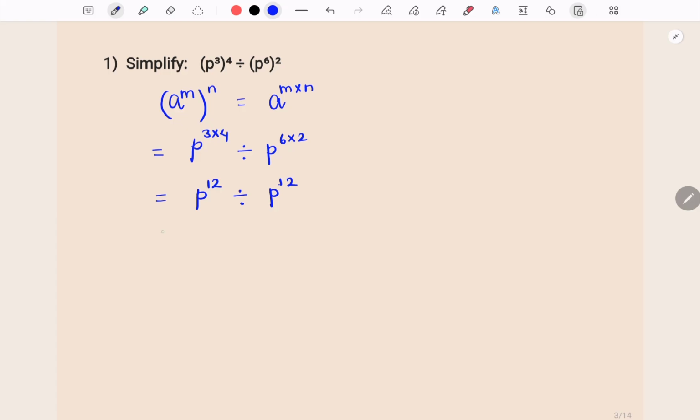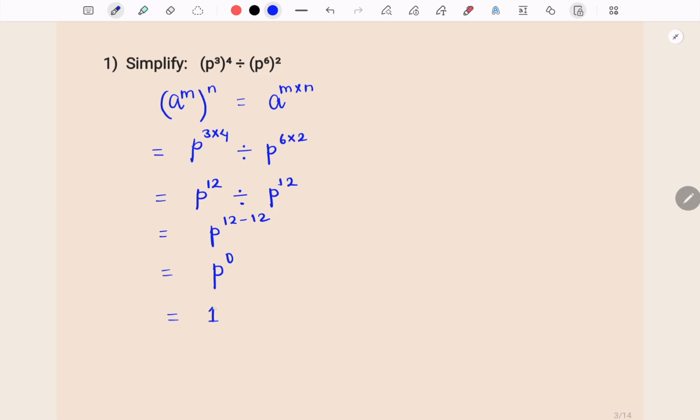Now here we have a division operation taking place and the bases are the same, p. So I will keep the base and I will subtract the indices. So 12 minus 12 gives 0. P raised to the power 0 is 1.